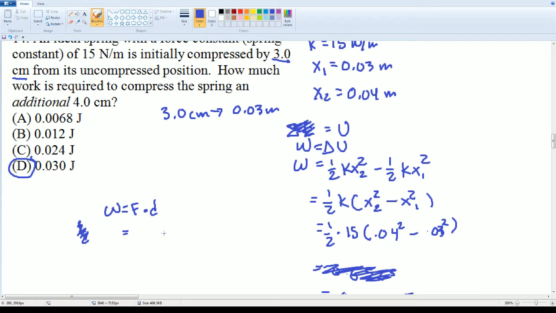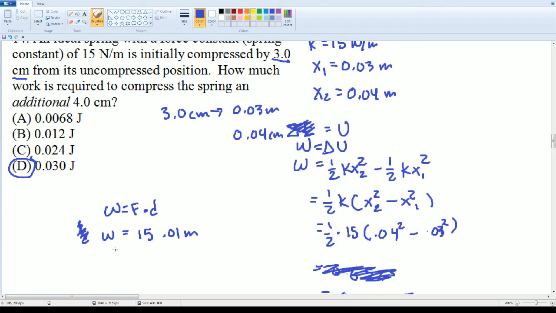The distance here is really 0.1, because it's going from there to here. I just need a force, which is just this, right? Would that be work though? Work is just force times distance. Would that work? No, that wouldn't work.